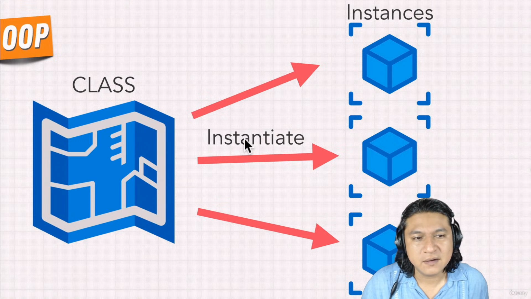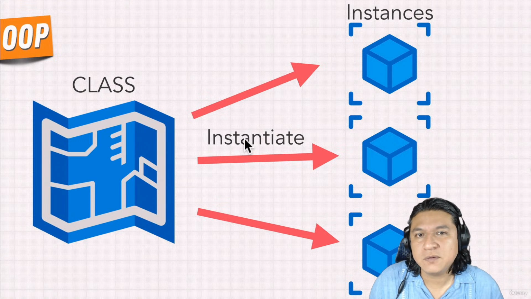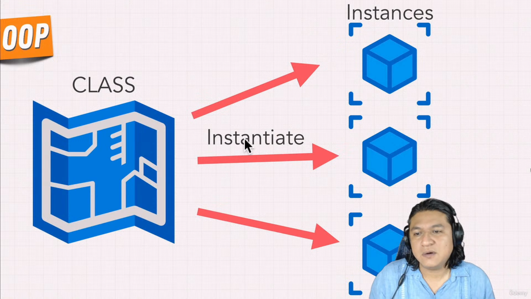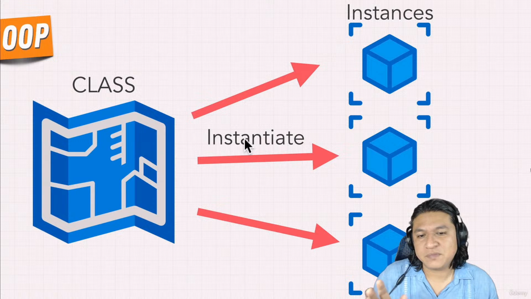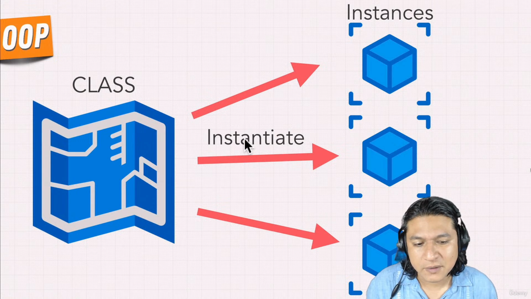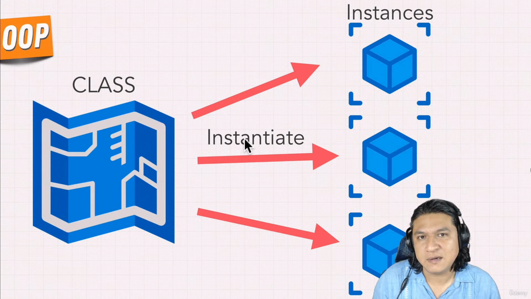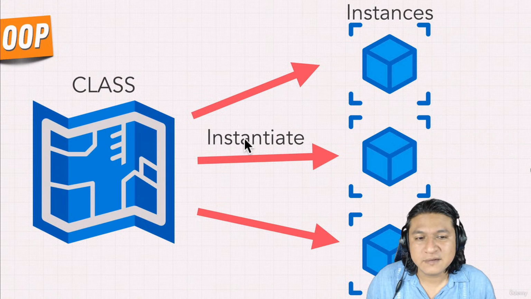So basically, you may build 1, 2, 3, 4 houses, and although they come from the same blueprint, we are later going to see what attributes and methods are, and inheritance and all of that.